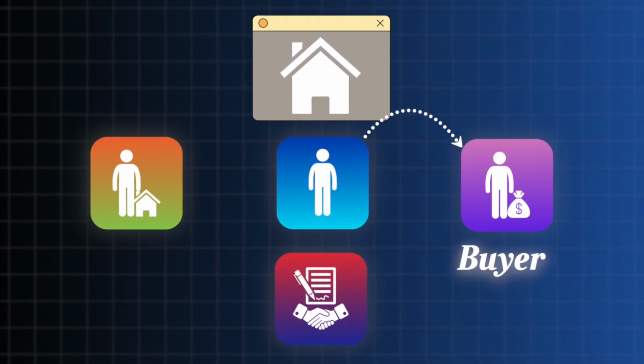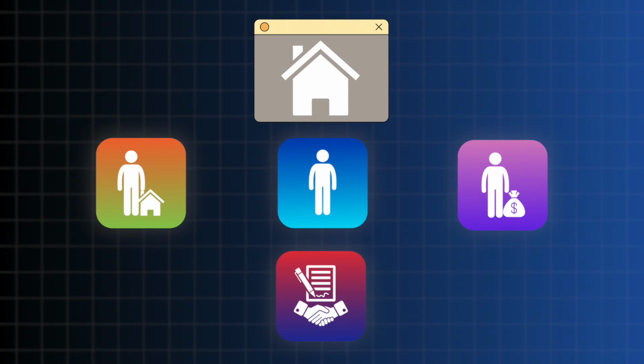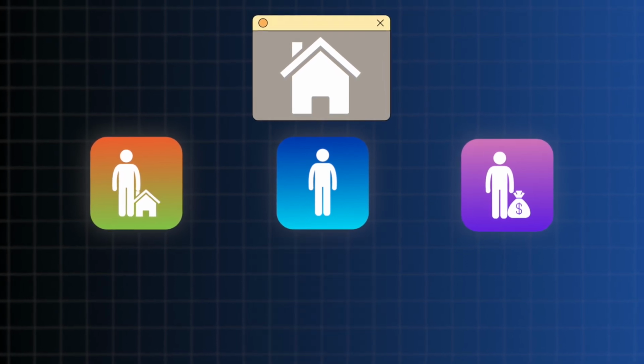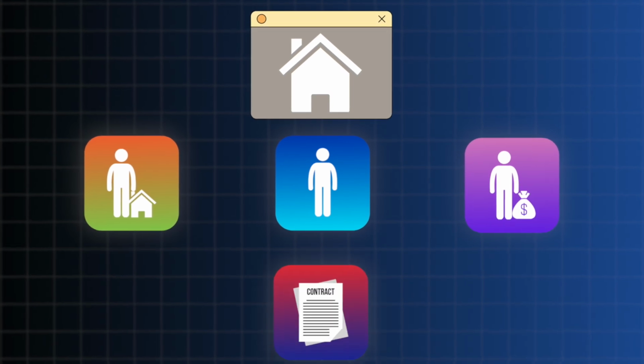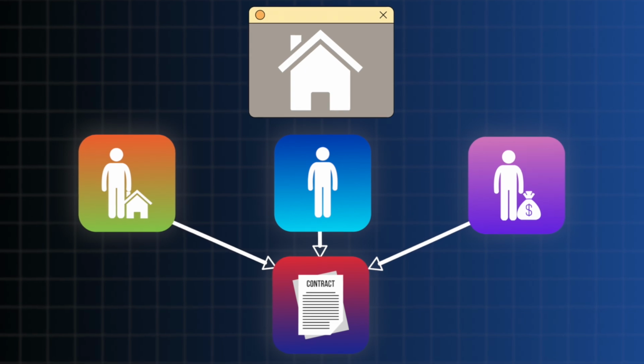And let's say you found that end buyer for $125,000. You are able to get that spread there. And what that novation agreement does is it eliminates your original agreement with the seller, and it becomes a new contract with that end buyer, but it still allows you to make sure that you get paid.